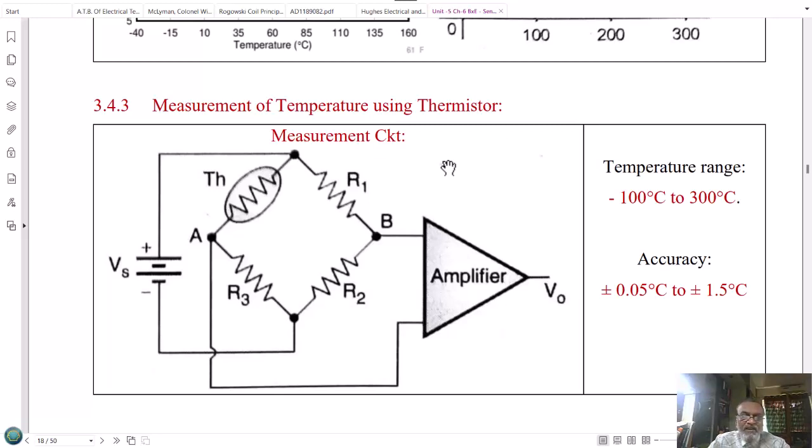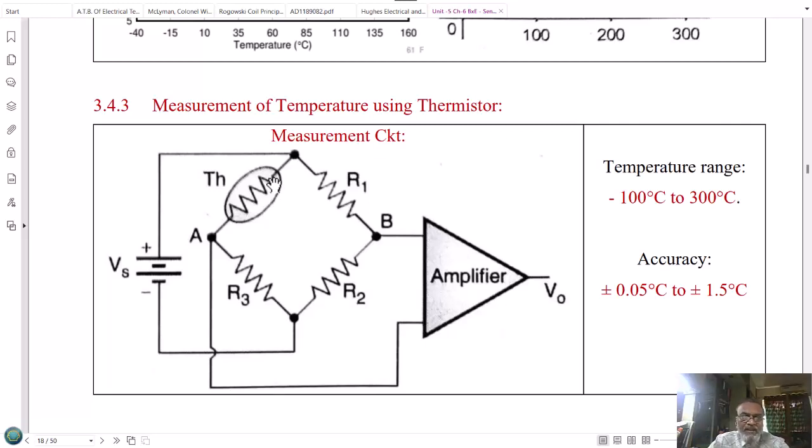VAB here will be decided by the resistance of the thermistor. If the thermistor resistance is decreased, the VA value will be increased, whereas VB value remains constant because R1 and R2 are constant, and therefore VAB will increase when the resistance of the thermistor is decreasing, and vice versa.